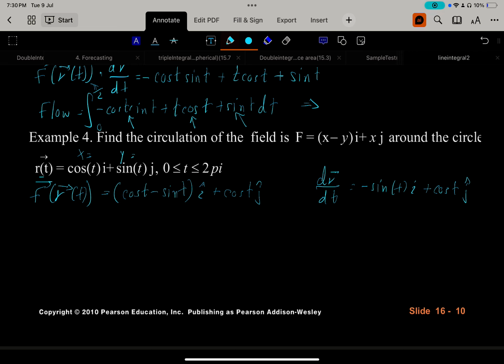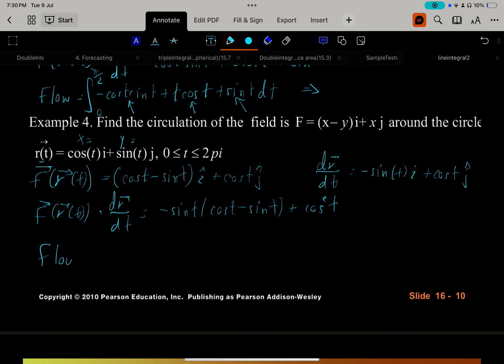Let's do the dot product: F dot dr over dt gives minus sine of t times cosine of t minus sine of t, plus cosine squared of t.